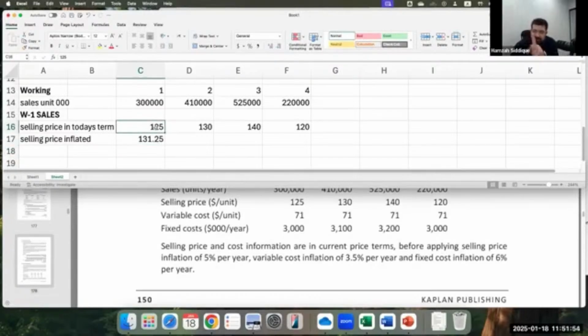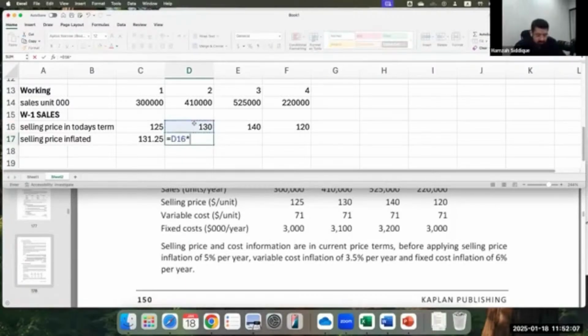Because this has to be in year 1. This price in today's term has to be implemented in year 2, so this into 1.05 raised to power 2.